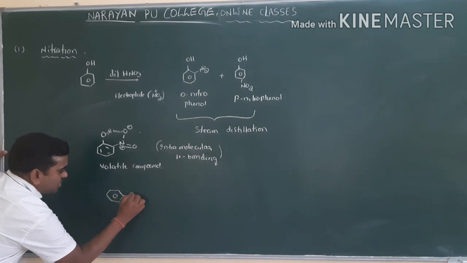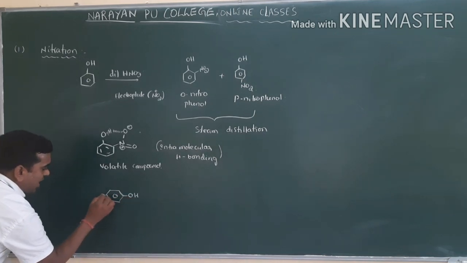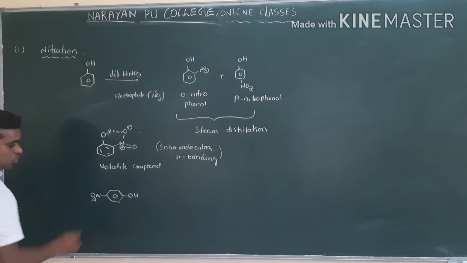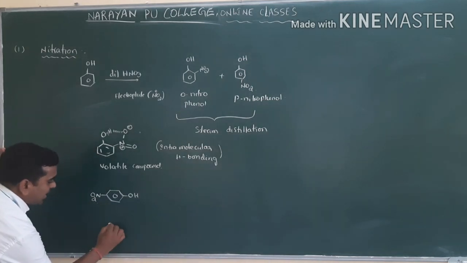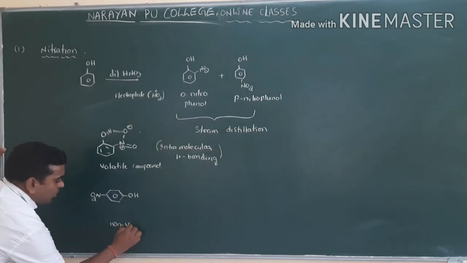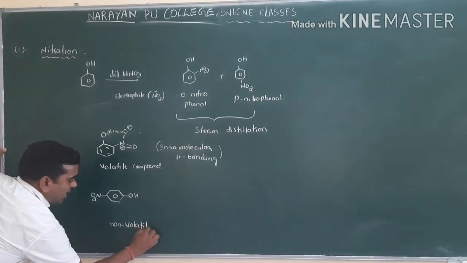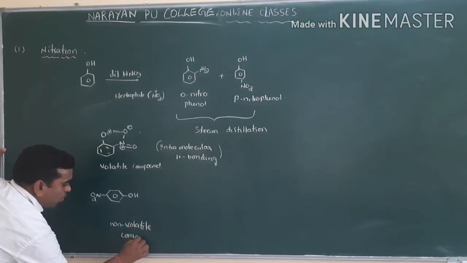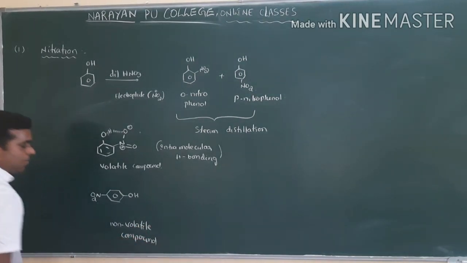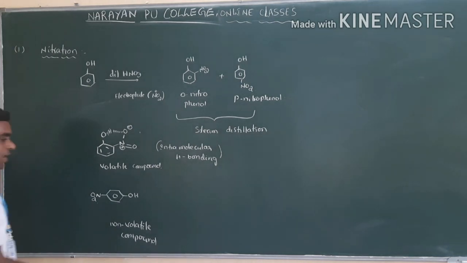This is benzene, and here OH, and here I will write the NO2 group, and this is a non-volatile compound. Why is it non-volatile? Because it forms intermolecular hydrogen bonding.